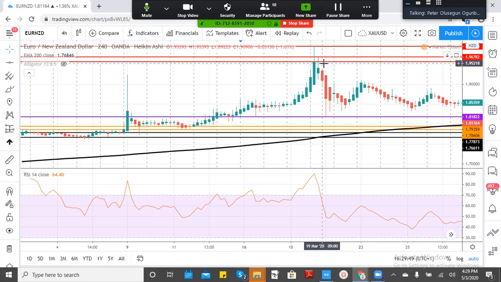So once the price breaks this level, I know that this thing has come to an end. I could even put this one at this level.